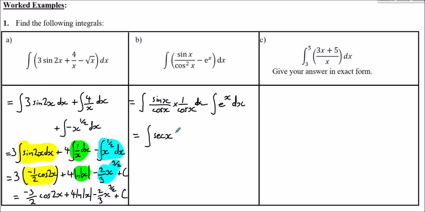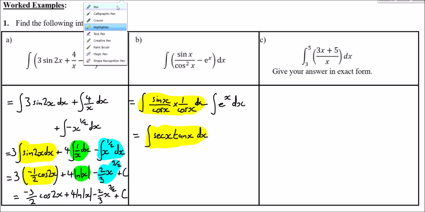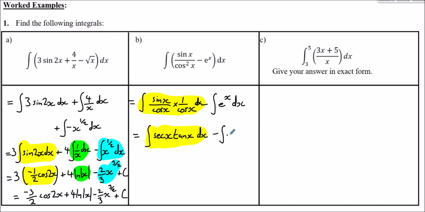It doesn't particularly matter in terms of the value of it, but it will hopefully help you, if you write it in this form, to identify what standard result we're going to use. So this bit here, I'm just integrating sec x tan x with respect to x. And essentially this bit here, I've just rewritten like so. And I'm going to minus off the integral of e to the x dx, which I can just leave as it is.